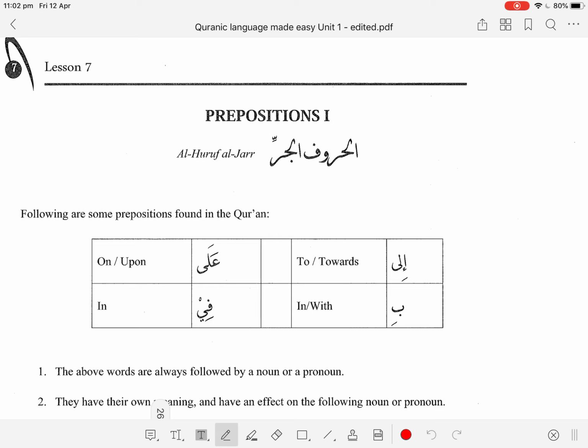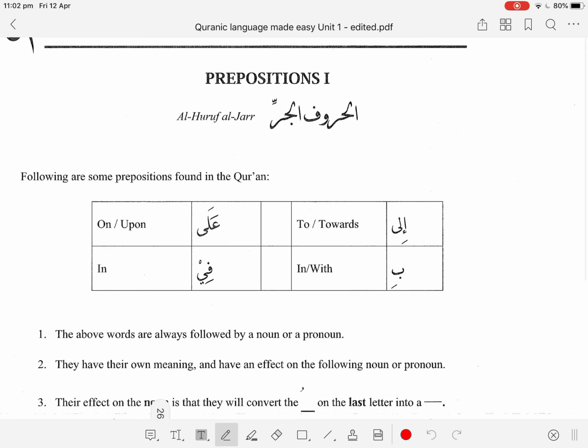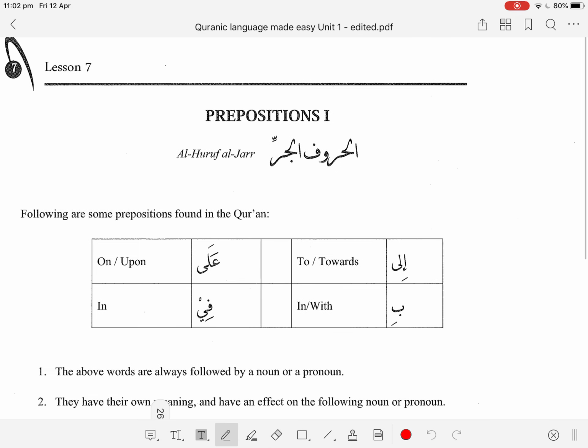So ism is a noun or a pronoun combined together. Fi'l is a verb. And harf is anything that is neither an ism nor a fi'l. Okay, the bulk of all the harf are essentially prepositions, like in, on, towards, with.